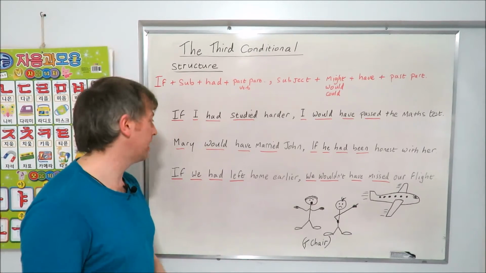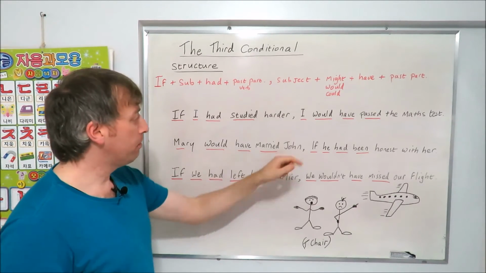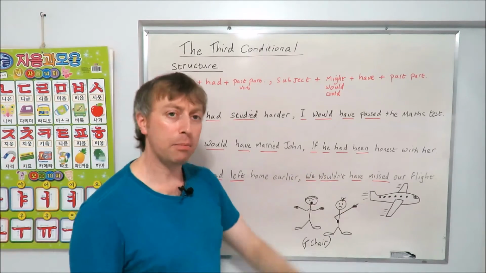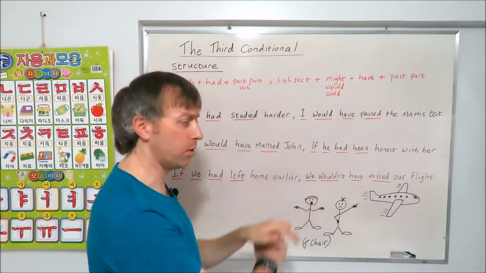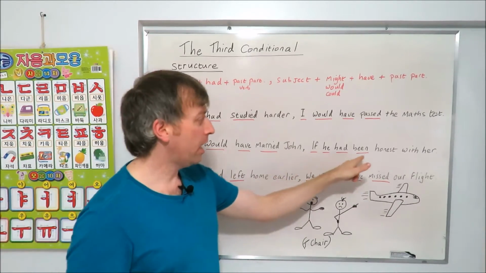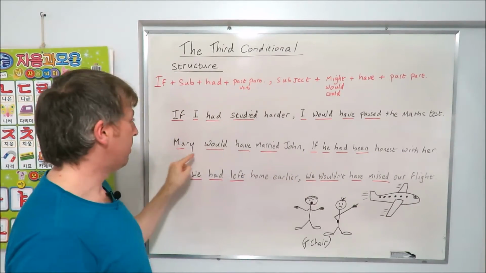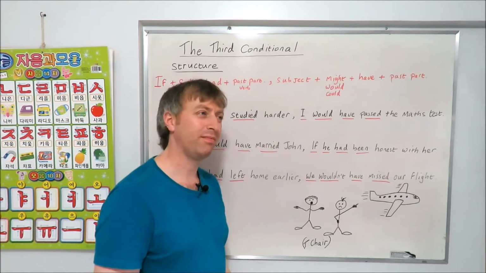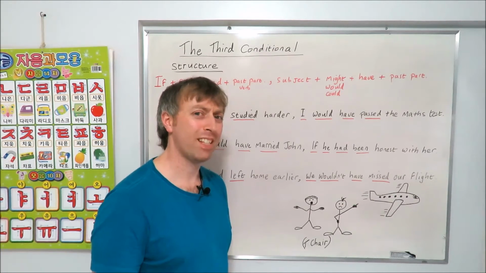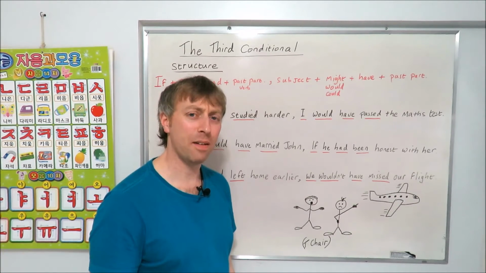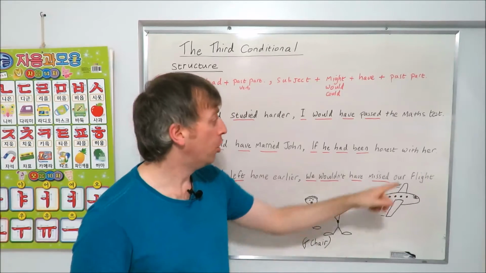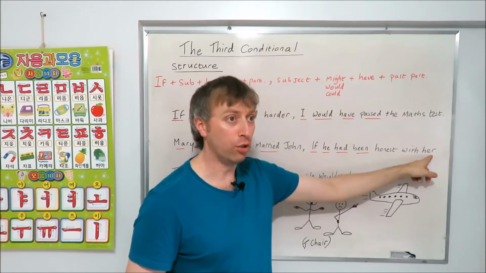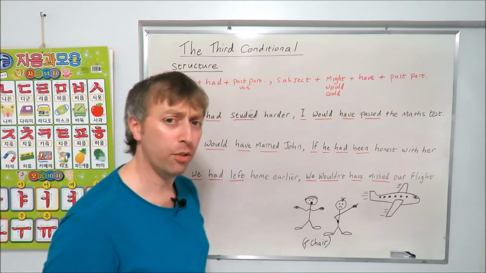Let's look at the second sentence. Mary would have married John if he had been honest with her. Now let's try switching these clauses. If he had been honest with her, Mary would have married John. Doesn't sound right, does it, guys? It's because we don't know who he is and who her or she is in the first clause.